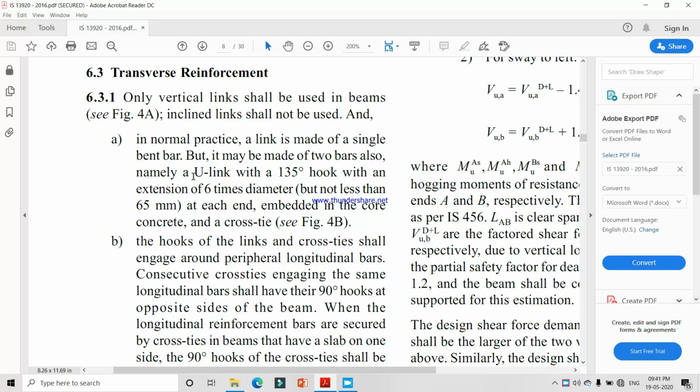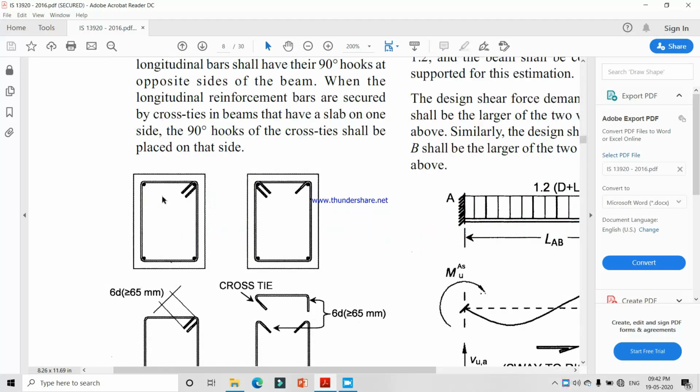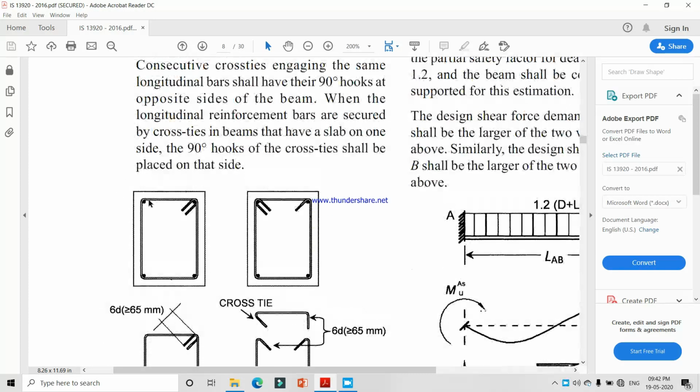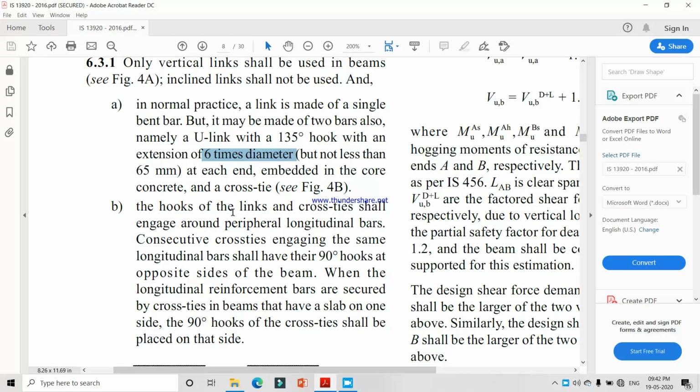First of all, this is a U link with a 135-degree hook and an extension of 6 times the diameter, and the length should not be less than 65 mm. That means these are single reinforcement, so do not overlap anywhere, and there are 135-degree hooks at both sides, with minimum dimension 60 mm but not less than 65 mm at each end, embedded in core concrete, and a cross tie.